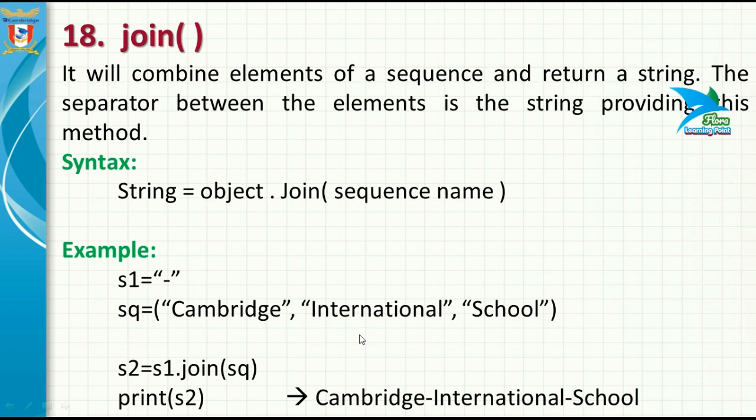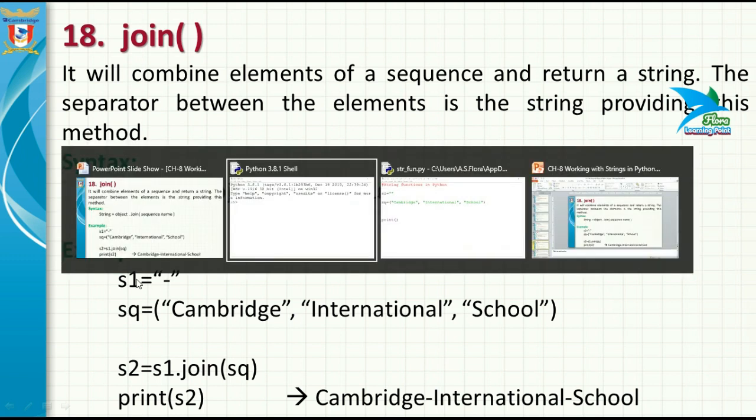On the 0 position we have Cambridge, on position 1 International, on the second position School, and I want to combine all these elements of this sequence and convert them into a string. So with the help of s1.join, the sequence name, the value of s1 will work as a separator, and the output will be Cambridge International School with this one separator, right?